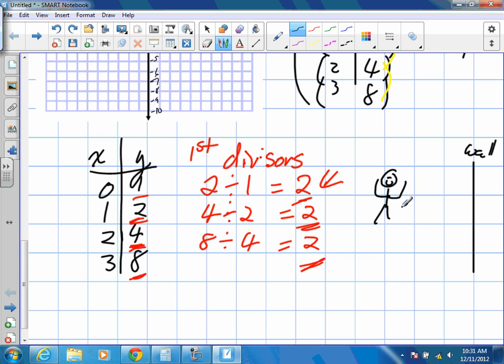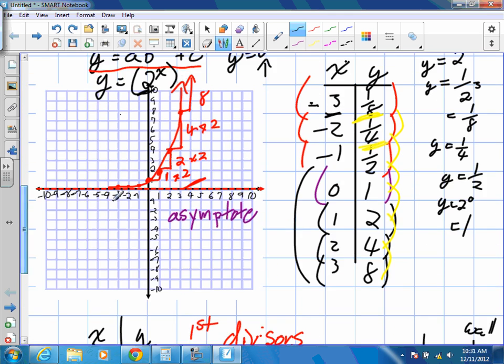Okay? He then decides, once he stops, to walk halfway again. He then decides to walk halfway again, halfway again, halfway again. Will Griffin ever make it to the wall? No. He'll never make it to the wall because he continuously walks halfway to it. An asymptote has a similar idea. We get closer and closer and closer to it, but we never reach that asymptote.